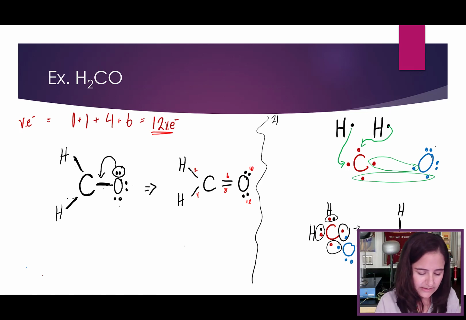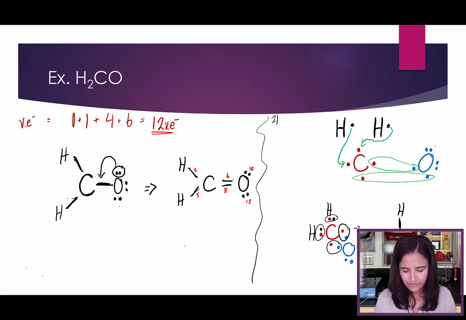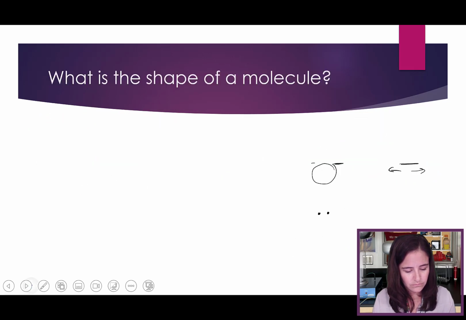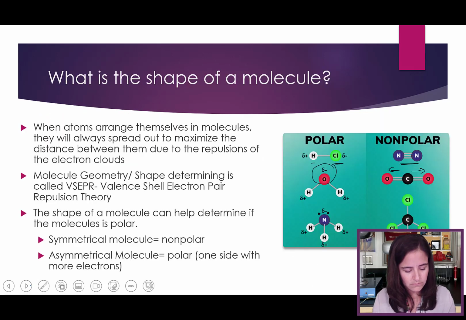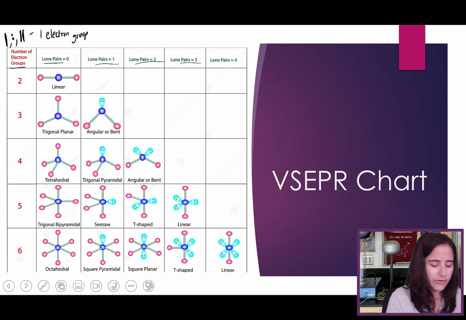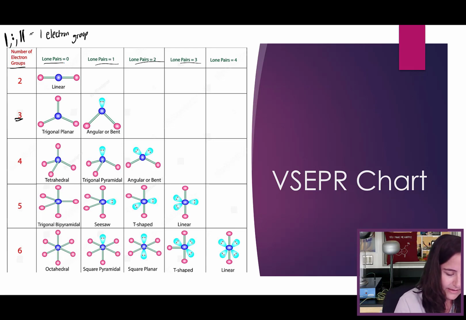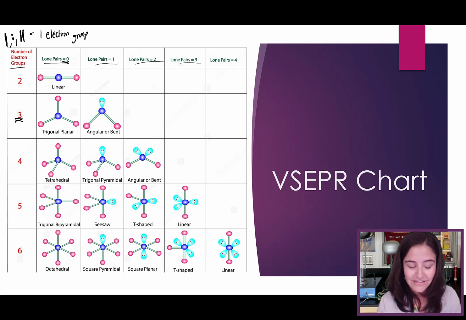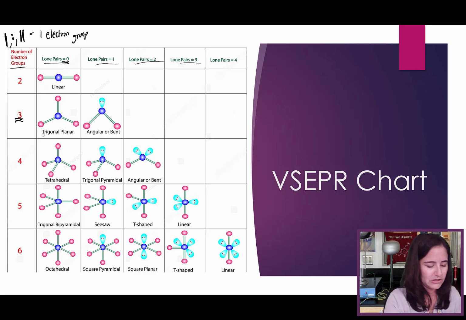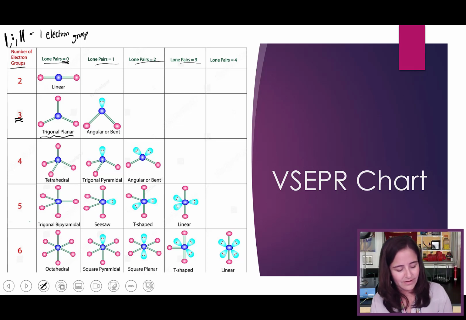Here we can see it has 1, 2, 3 connections, 3 electron groups around it, and there are no lone pairs on the carbon. Okay, when we're looking at the molecules, we're looking at that central atom, so we're looking at that carbon. So if we have 3 electron groups and 0 lone pairs, it is going to be trigonal planar. Okay.